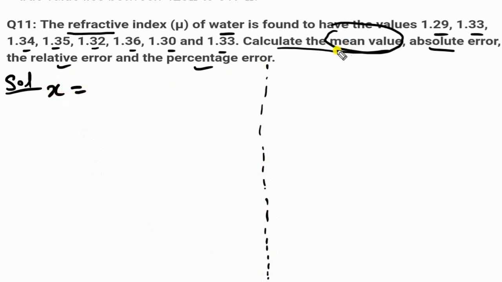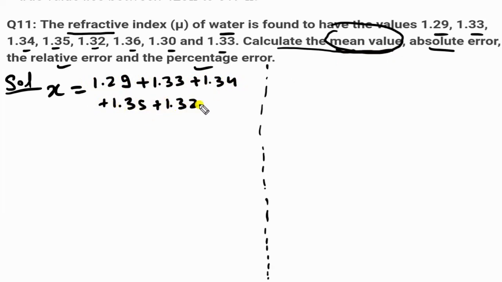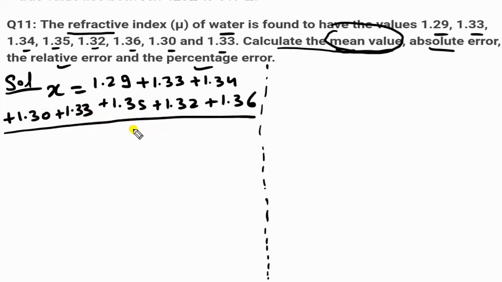Now the mean value of our measurements would be equal to the sum of all the values, that means 1.29 plus 1.33 plus 1.34 plus 1.35 plus 1.32 plus 1.36 plus 1.30 plus 1.33, upon the number of measurements taken, that is 8. After adding we get 10.62 upon 8, which is equal to 1.3275.